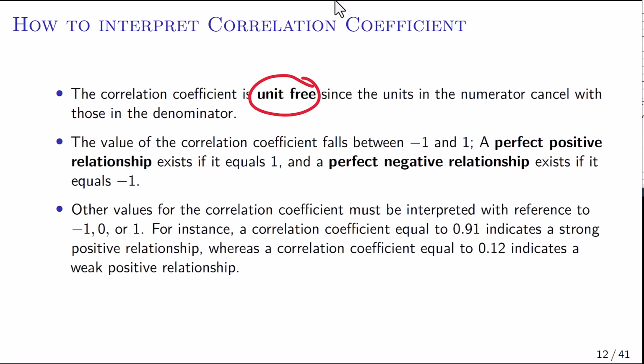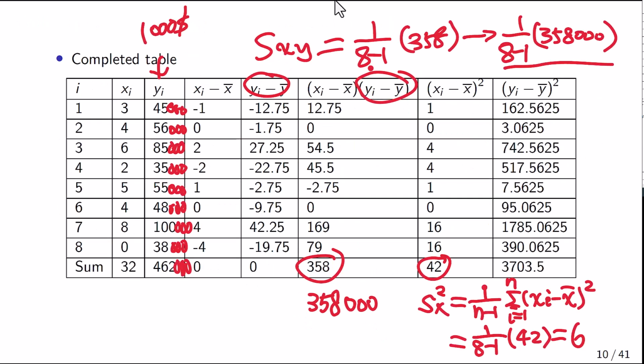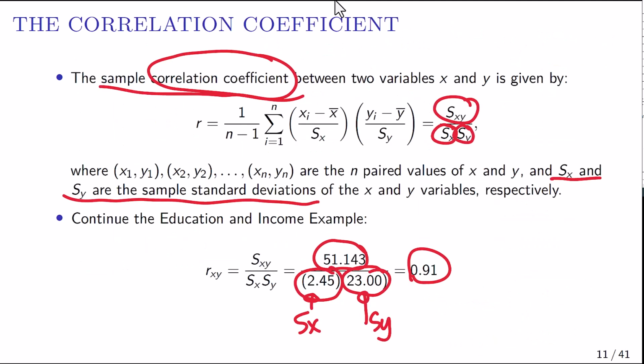What does that mean? So back to our education and income example. For this education, whether measured in $1 or $1,000, we do not care because it ends up the same thing as 0.91. Why? Because if it's measured in $1, then this one is augmented by 1,000 times, right?